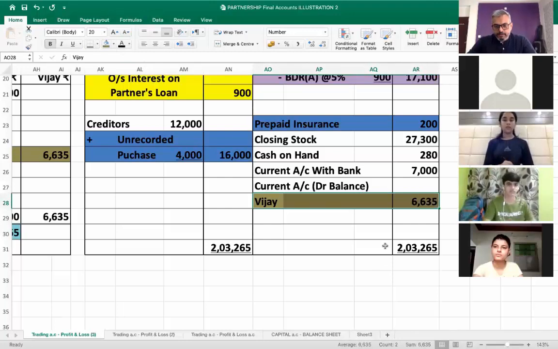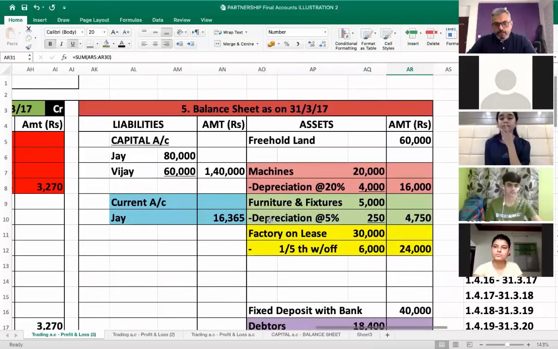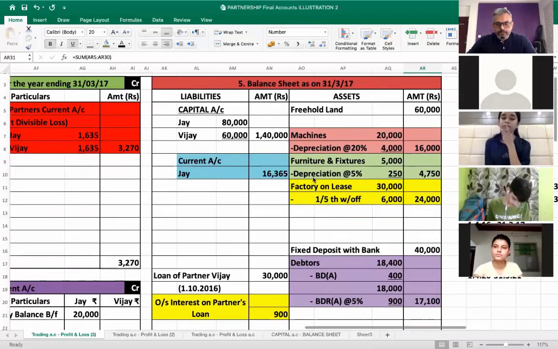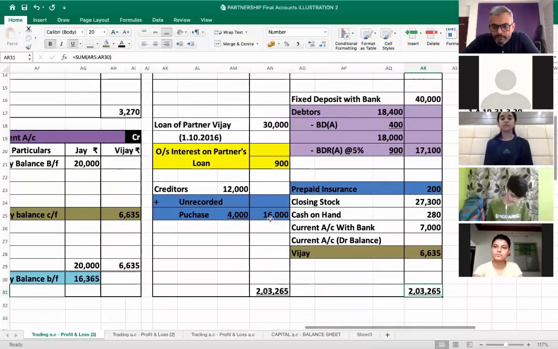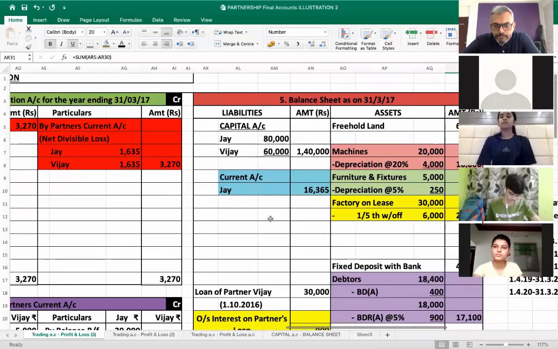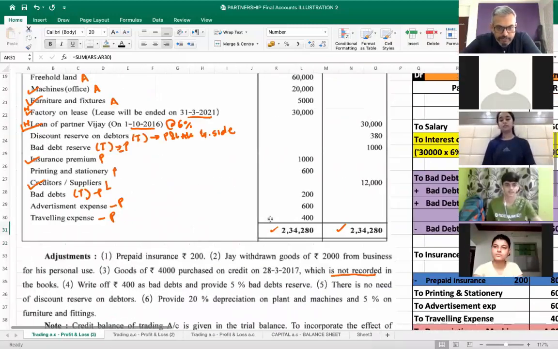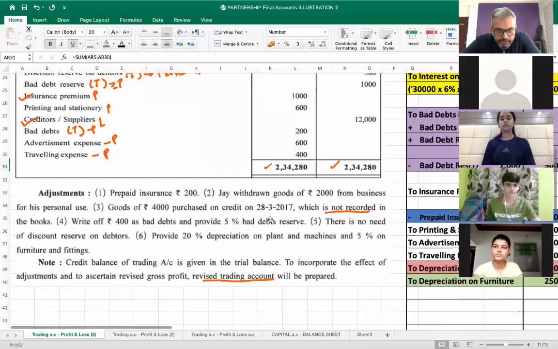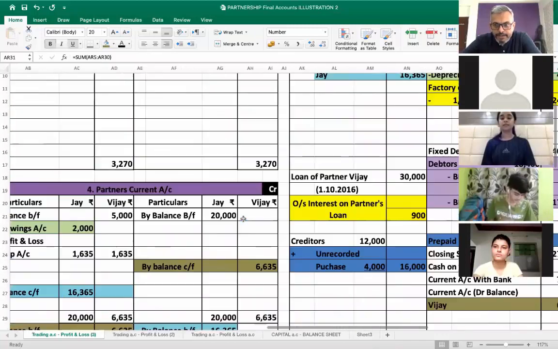As you can see, the balance sheet total is matching. So just go through the sum once again, see if you have any doubt in this. All of you have done this. Any doubt in this? Go through the adjustments, see if anything is to be explained to you. Anything is pending? Everything is done, everything is equal, it has matched too, great.